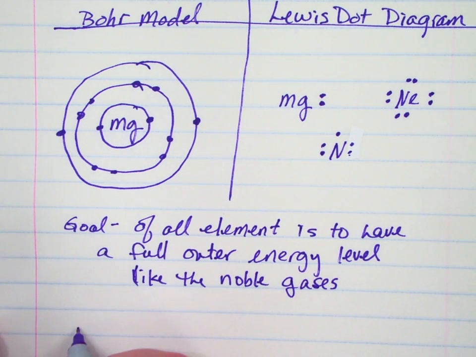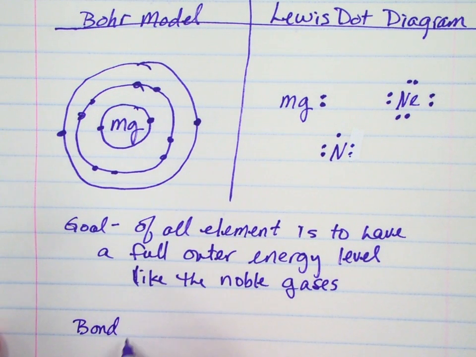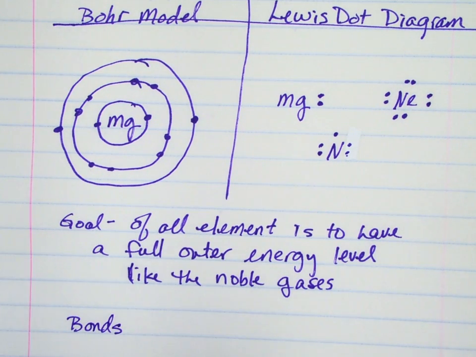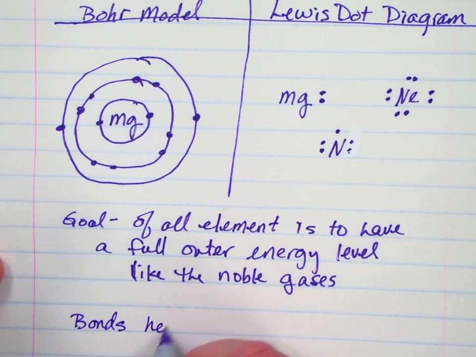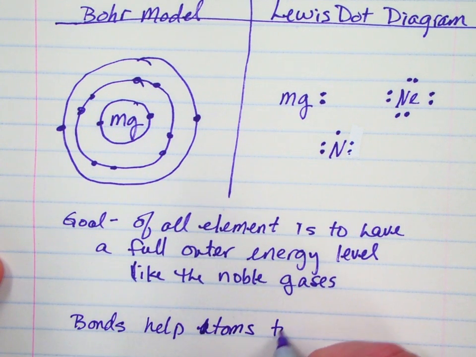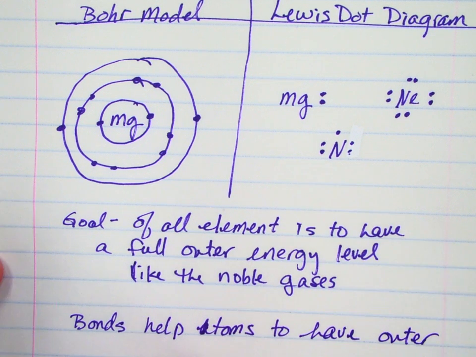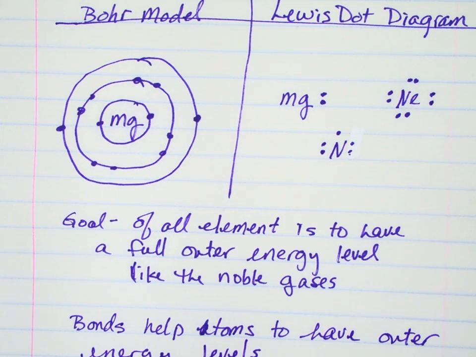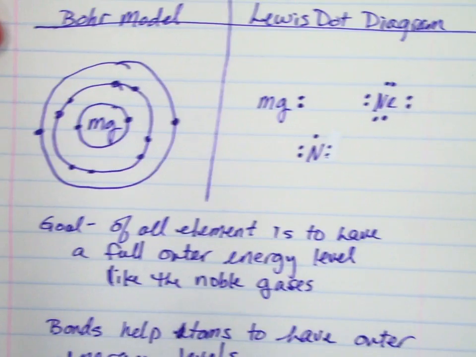So in order to be happy, they have to form bonds. So the bonding between electrons helps those atoms to have full outer energy levels. There are 2 ways that they can do that. 2 different types of bonds. There's ionic bonds and covalent bonds.